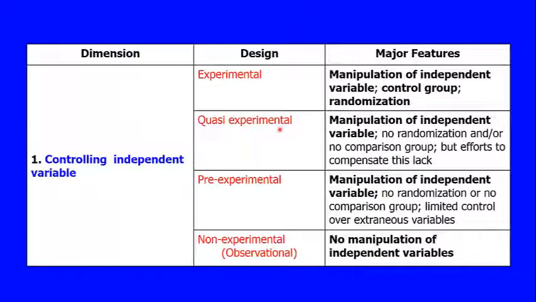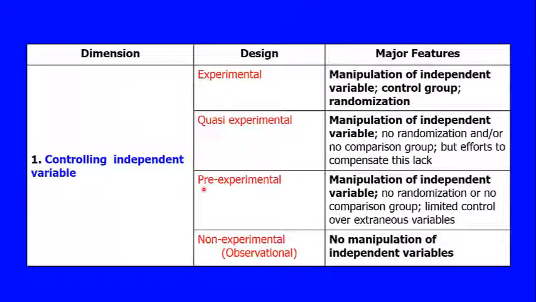What about quasi-experimental or semi-experimental? There is manipulation of the independent variable, similar to the experimental, but no randomization or comparison group. But there are some efforts to compensate for this lack of randomization and control group, and we will see what these efforts are later on.